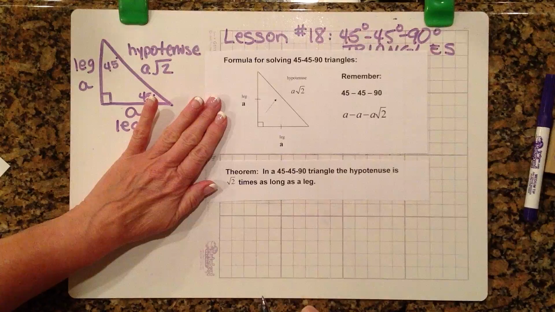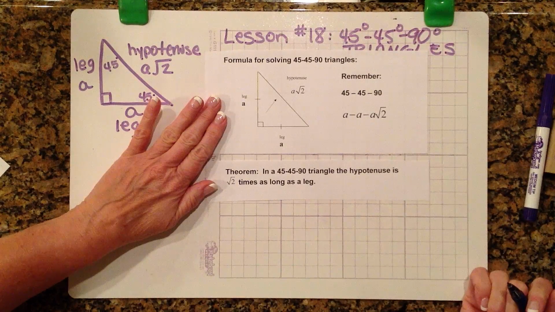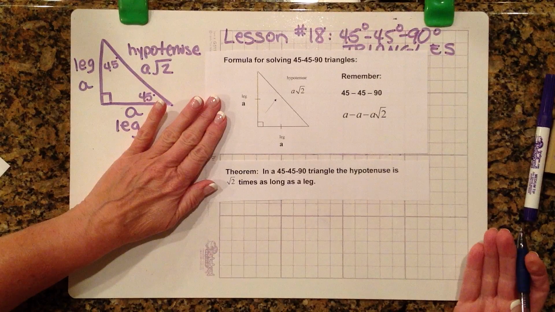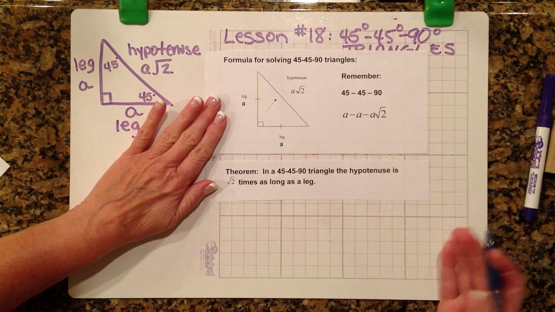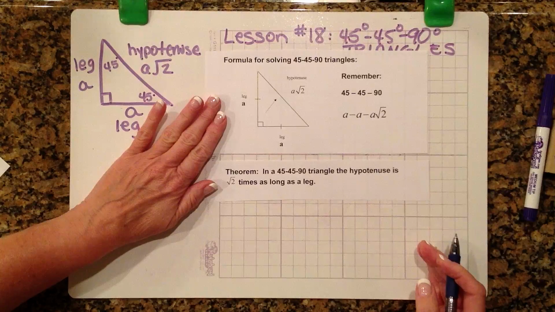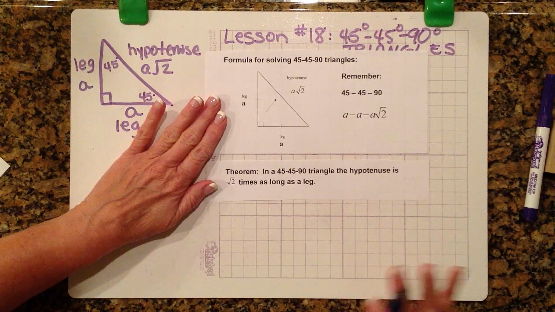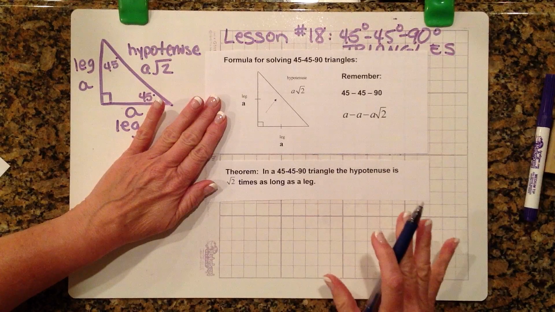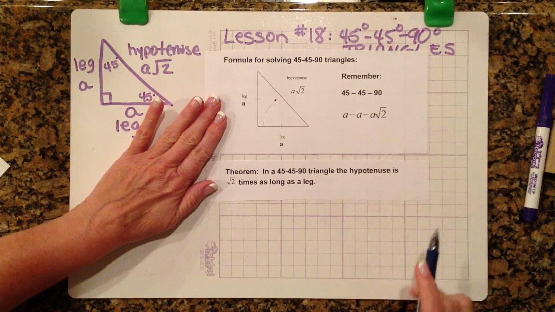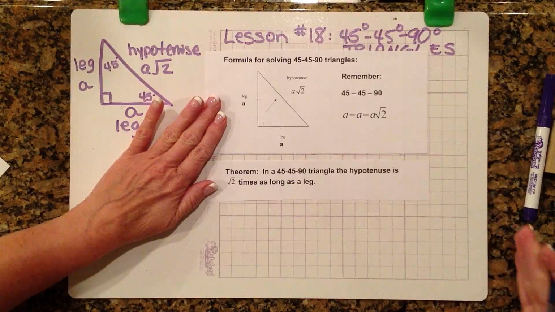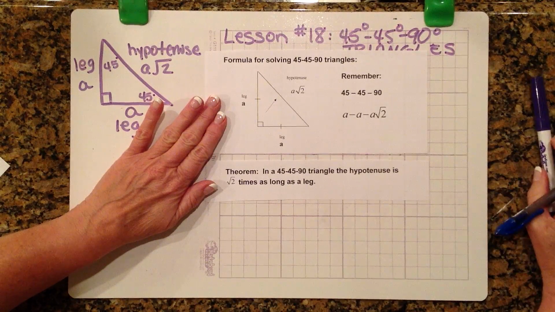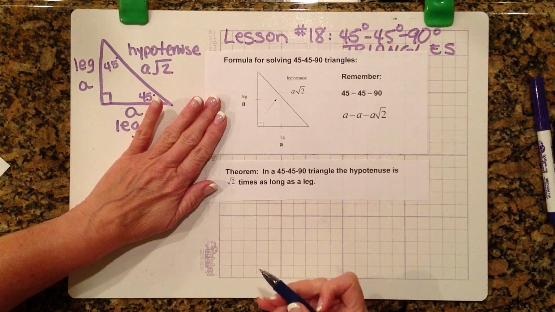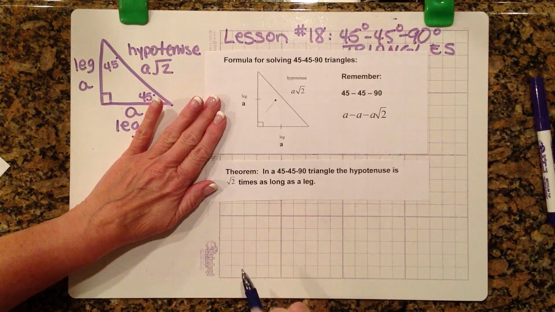And you're asking yourself, well, why can't I use the Pythagorean theorem to solve for a missing side or a hypotenuse of a 45, 45, 90 degree triangle? Well, you sure can, but that's going to take a lot more time. So this is a nice short formula for you to use. If you go on and you take pre-calculus, you will be using this formula a whole lot. So let's learn it right now.